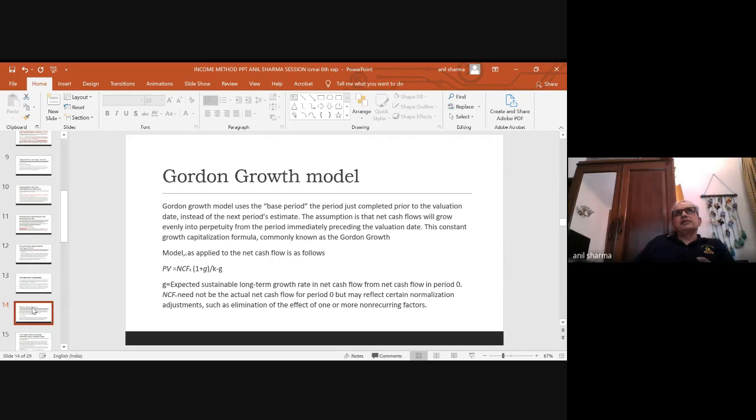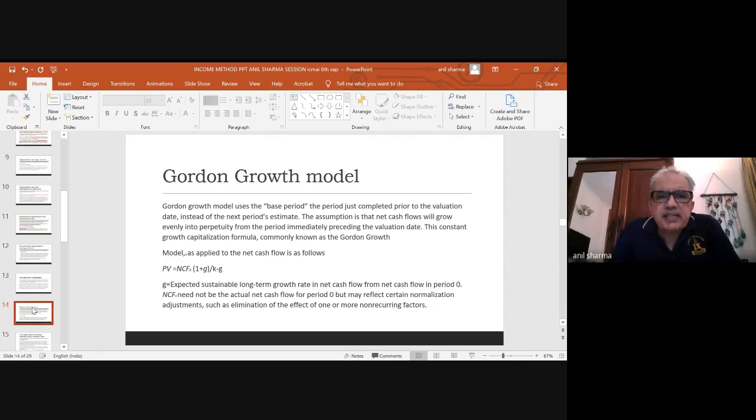So it's the year 0 cash flow, and you multiply it by 1 plus G in the numerator, and then divide by K minus G. K is the discount rate and G is the growth.